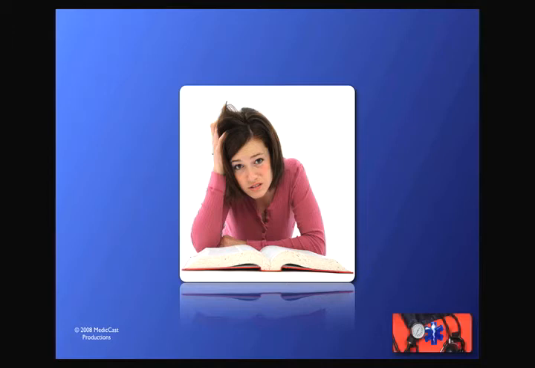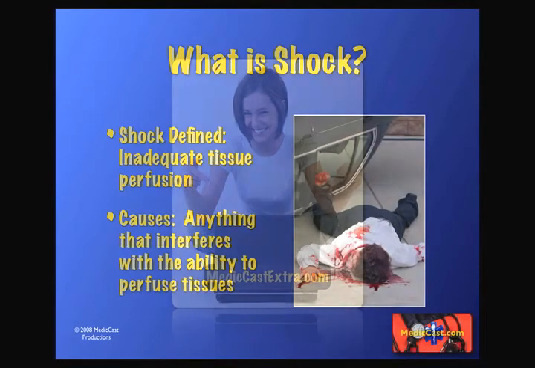So my goal here in this short segment is to really simplify shock, make it very easy to understand at its basic levels, and then you can start breaking that up and taking it piece by piece into a deeper understanding of the concepts surrounding shock. And that is the way we can help you go from this student to this student: a student who's confident, who has found online resources that are available, like the MedicCastExtra.com site.